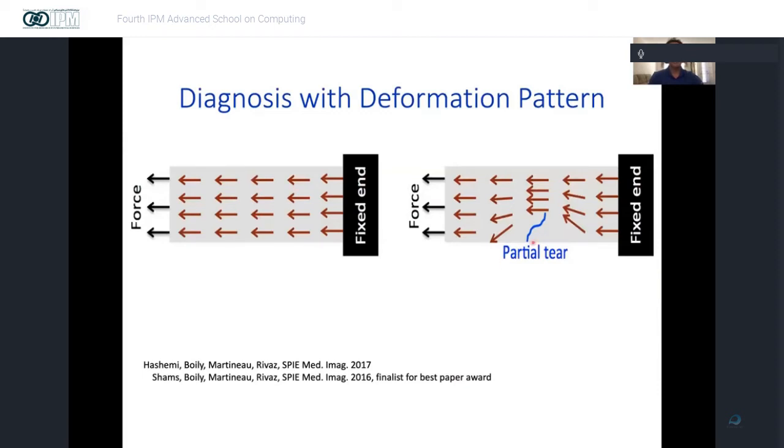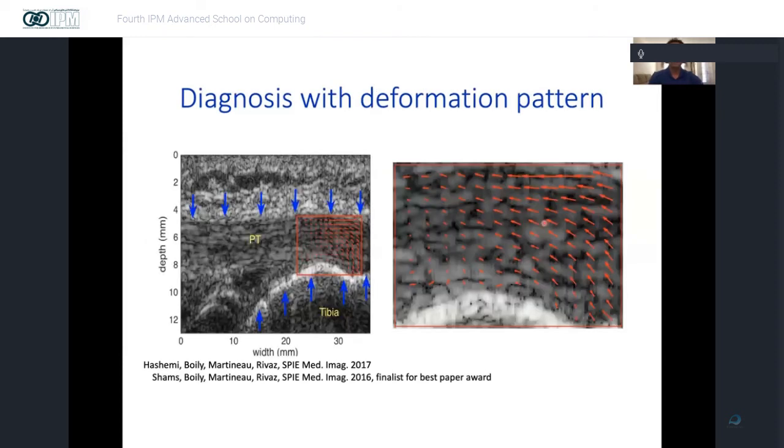Now, if you have a partial tear that's microscopic and invisible in ultrasound, that tear will still generate stress concentration because it cannot bear any force anymore, or it can bear little force now. So we can find these stress concentrations and relate them to partial, microscopic tears.